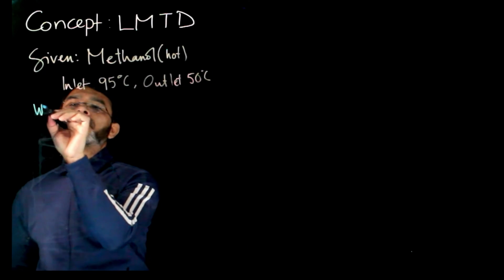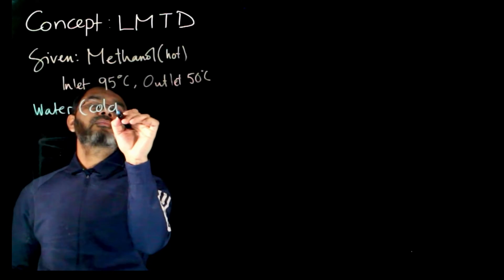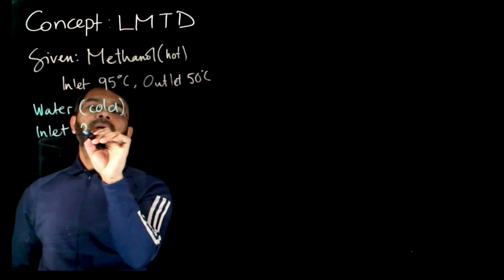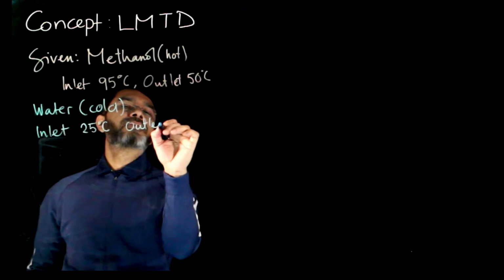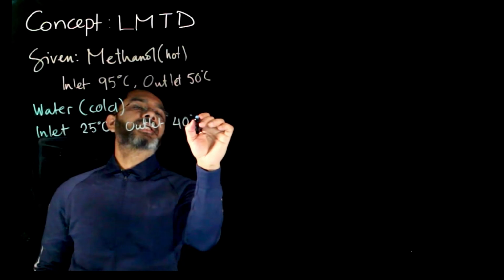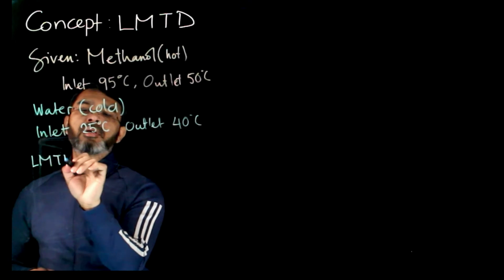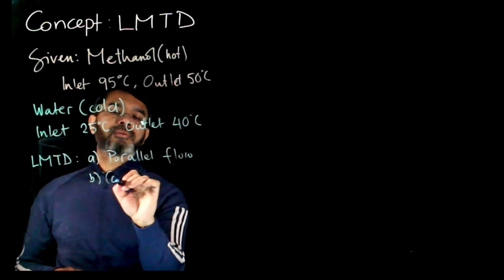For the cold fluid, which is water, its inlet temperature is given as 25 degrees centigrade and outlet temperature is given as 40 degrees centigrade. We're going to calculate the LMTD for parallel flow and countercurrent flow.